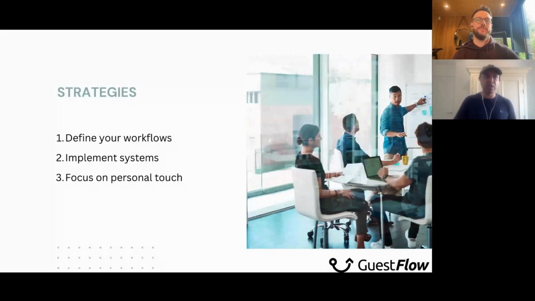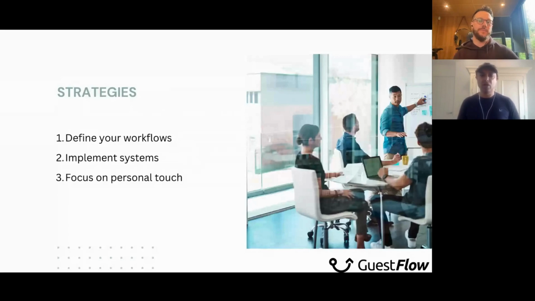The other thing as well, be mindful of who is doing what, right? Is it a guest comms task, or is it a housekeeping task, or is it a maintenance task, etc.? And then it's where you're going to keep the information and how you're going to maintain that.